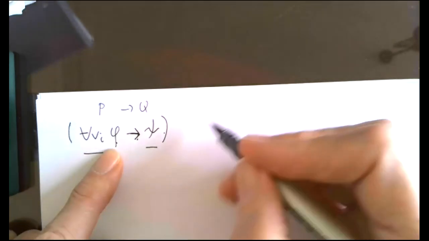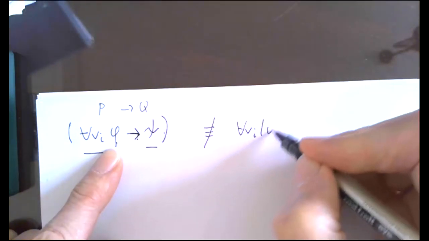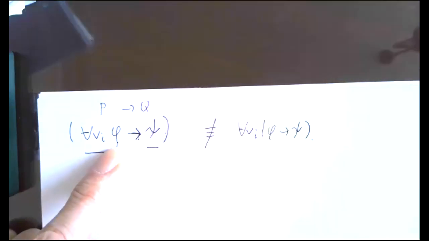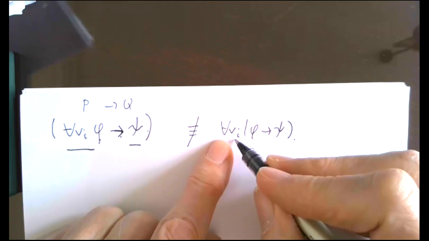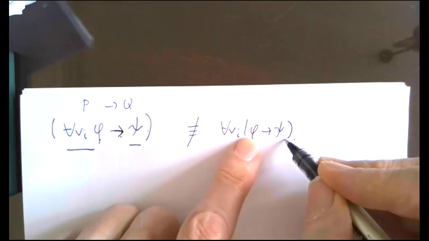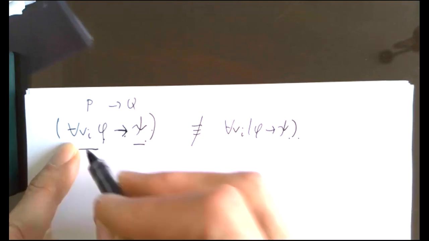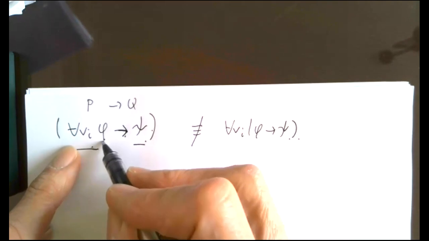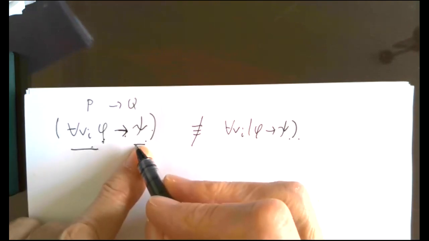So this is not the same as here, where we've got a formula and we've quantified it. The meaning of this can be completely different from this. Over here, this is saying if phi is true of everything, then psi holds.